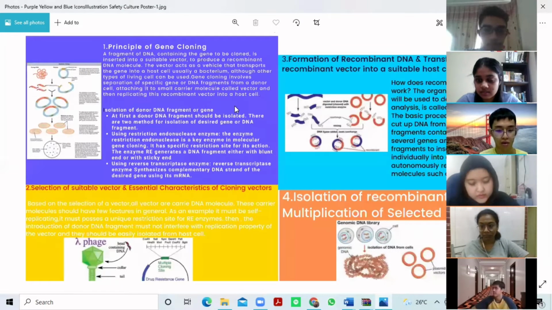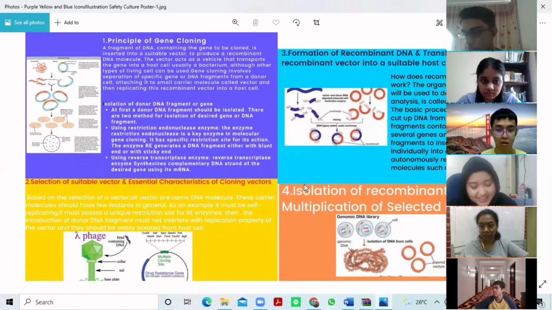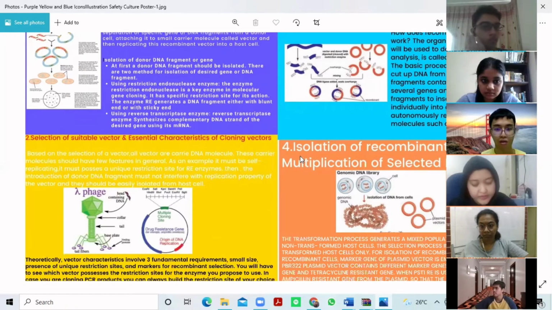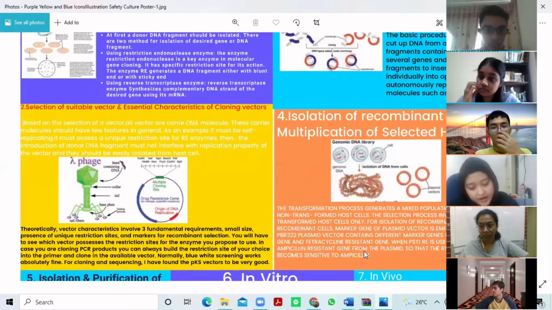Thank you. So based on the selection of the vector, all vector carrier molecules should have few features in general. As an example, it must be self-replicating. It must possess a unique restriction site for RE enzyme.